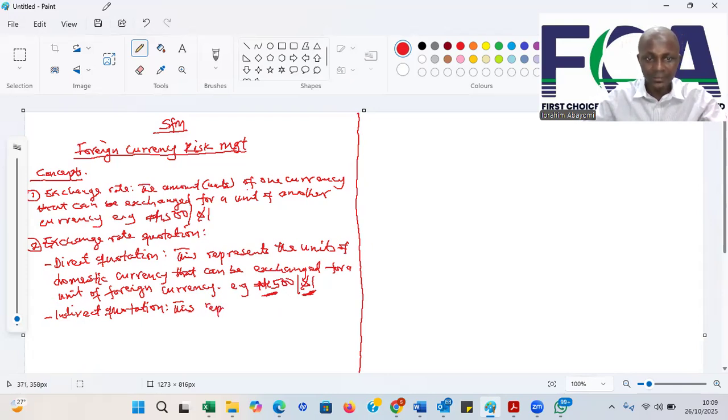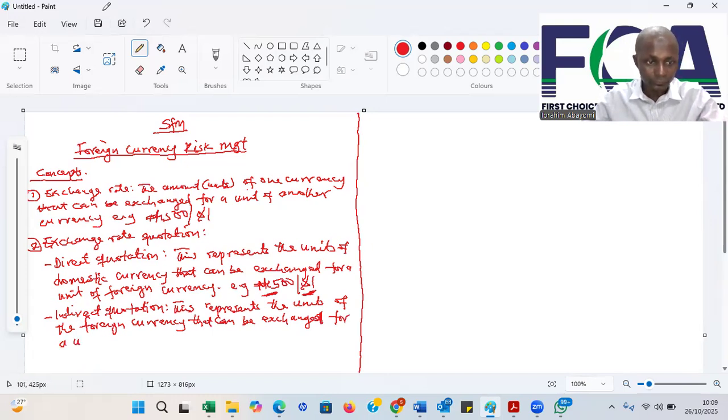This represents the units of the foreign currency that can be exchanged for a unit of the domestic currency, e.g., 0.004 to 1 naira.